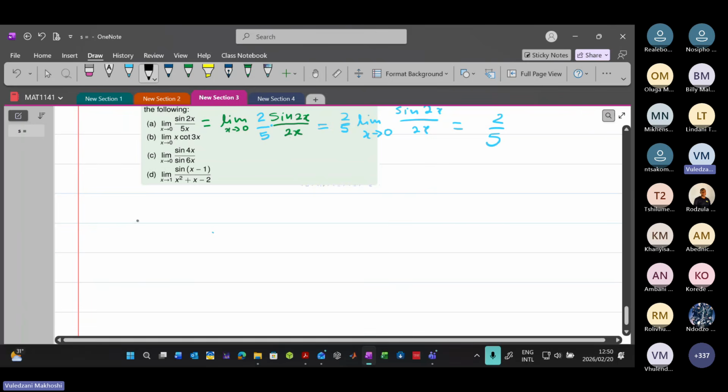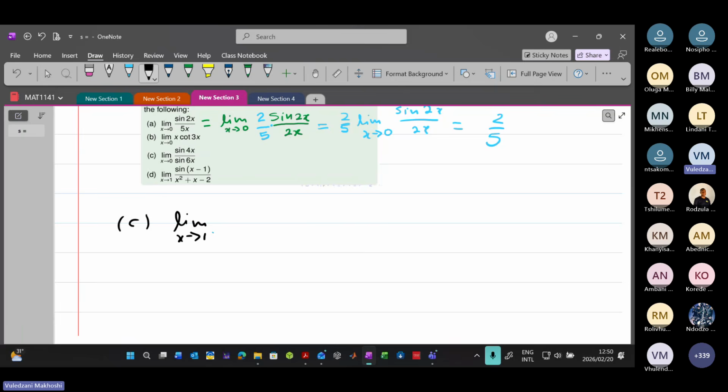So number C is like this. We approach 0. We have sine of 4x over sine of 6x. And we might want to make use of our theorem. So this will be equal to the limit as x approaches 0.